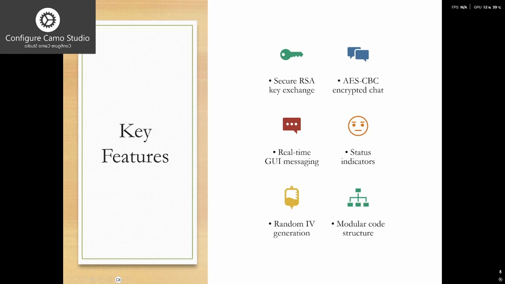Our secure chat application provided the following key features. It has a secure RSA key exchange with fresh key generation every session you connect to the server. AES 256-bit encryption in CBC mode with a new IV for each connection, so it stops someone from recognizing a pattern, which causes security errors in the chats. We also have real-time chat with a visible message log and instant updates.